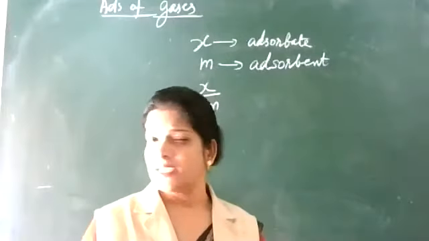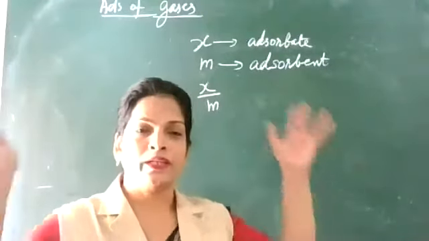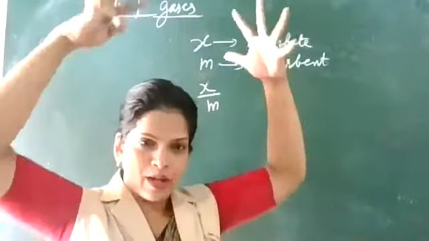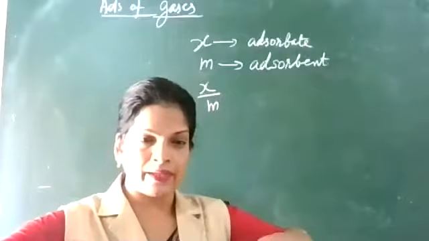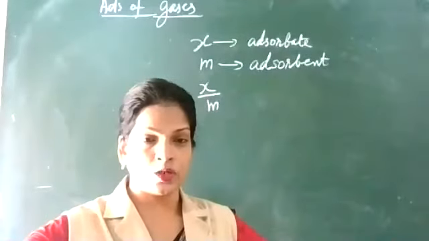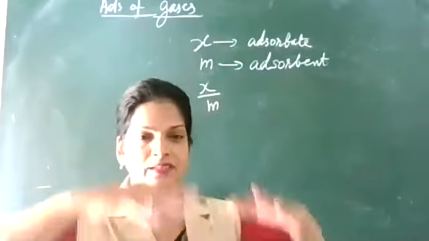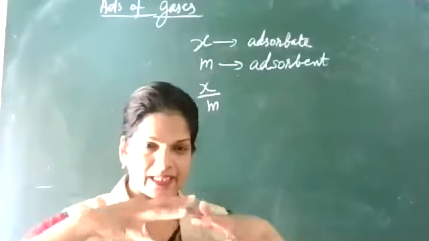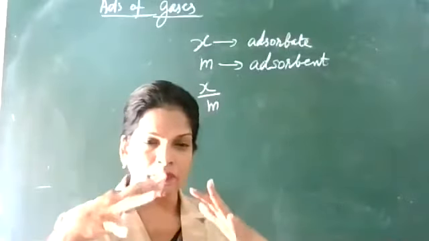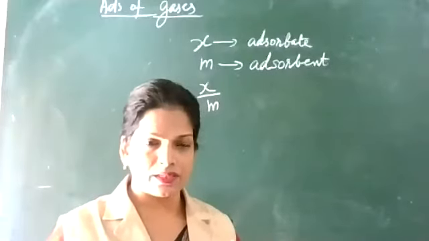As the pressure increases, suppose you have taken an adsorbent and you put the gas on it. If you apply pressure on the gas, more and more gas will be colliding with this adsorbent and it will get adsorbed. So, as the pressure increases, adsorption increases.